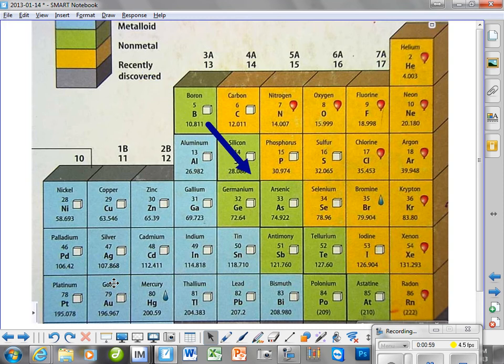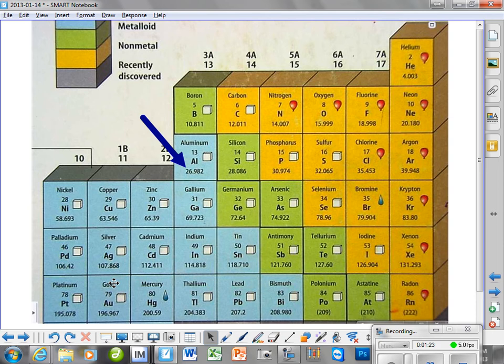See, every atom has a different number, and that's called the molar mass. And the molar mass means how many grams we have if we have 1 mole of those atoms. And a mole of the atoms is 6.02 times 10 to the 23rd.